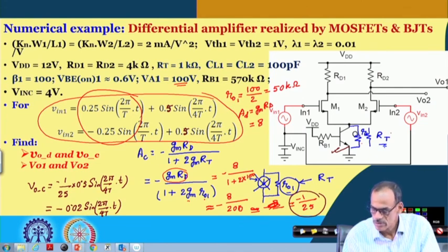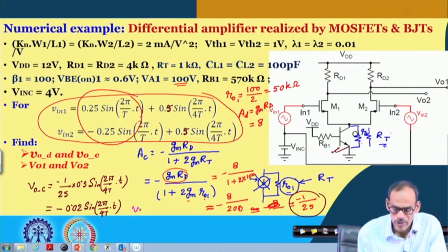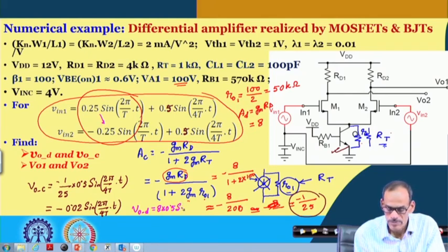So, the differential part, let me use a different color for that, pink color. Yeah. So, VOD, on the other hand, is 8 multiplied by 0.5, difference of these two, 0.5 sin 2 pi by T into t.